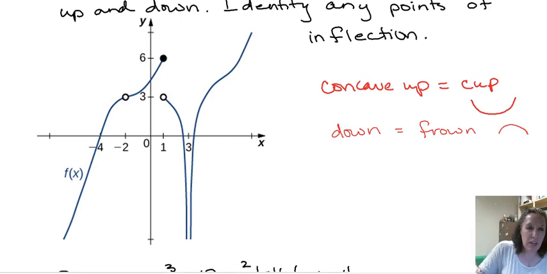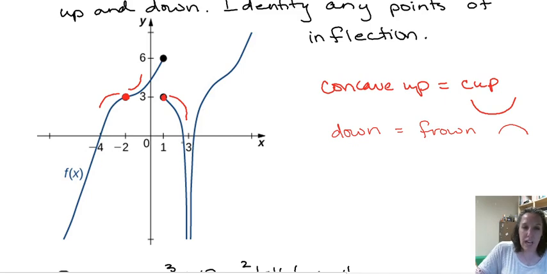We see that we've got, this is an undefined point, but we have a point here where we see it's going down on the left, and it's increasing at a faster rate on the right. And then, of course, we have a discontinuity here, but we get that that graph is concave down to the right of 1.